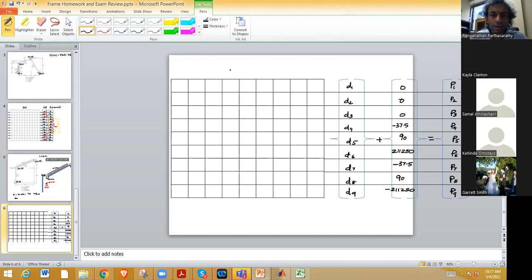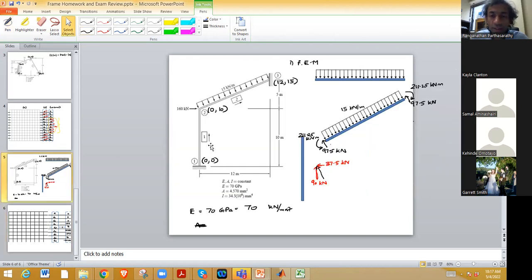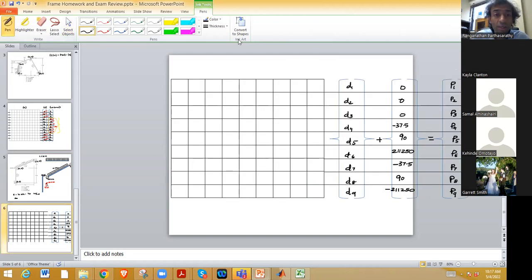Okay. So now which ones are, let's check D1, D2, D3, and D7, D8, D9 are all zeros, right? So let's mark that. So D1, D2, D3 are all zeros. D7, D8, D9 are all zeros. We have fixed support.